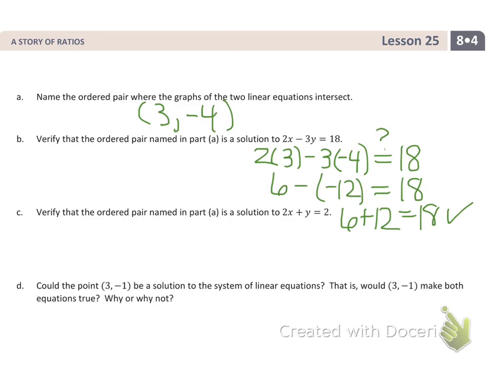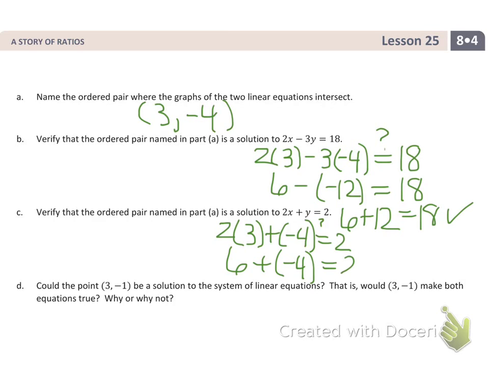We can see that. Okay, so it's a solution to that one, and then let's check 2x plus y equals 2. So 2 times 3 plus negative 4, and is that equal to 2? So I have 6 plus negative 4 equals 2, and that does check out, because 6 minus 4 is 2.